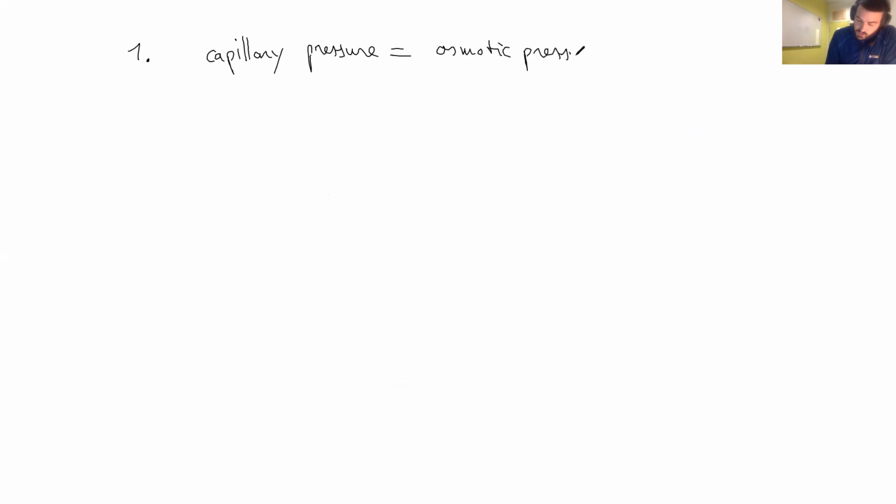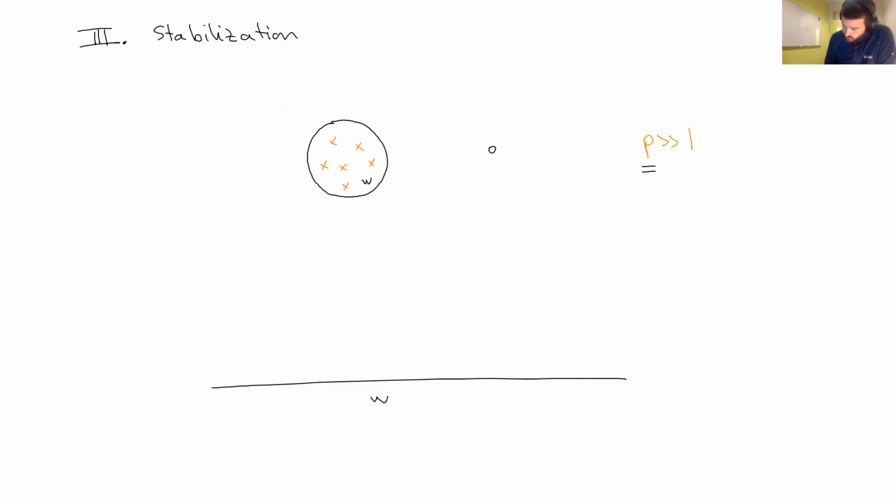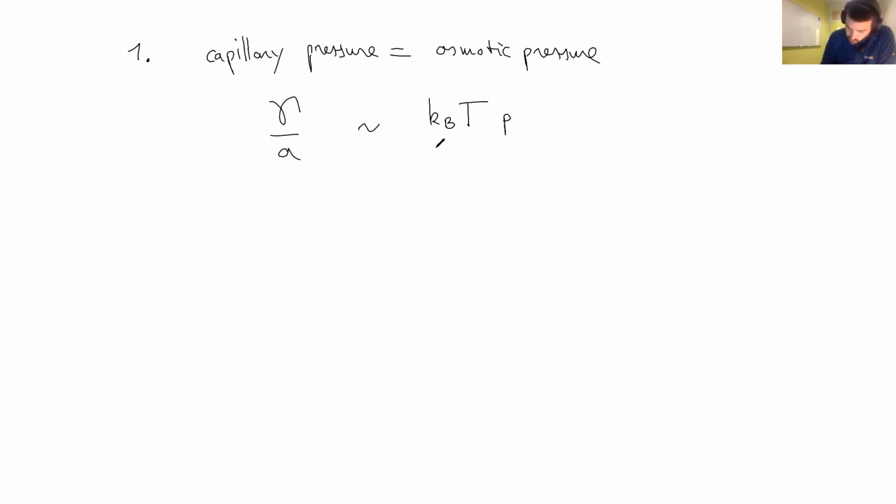And just without any calculation, we can predict the final radius. The capillary pressure is gamma multiplied by the typical curvature, which is one divided by the typical radius that we consider. And this will balance what? The osmotic pressure. And the osmotic pressure is, if I think about the dilute assembly, the van 't Hoff law, we already discussed that, kBT times the concentration of species. So here I say that I have P species in the volume a cubed.